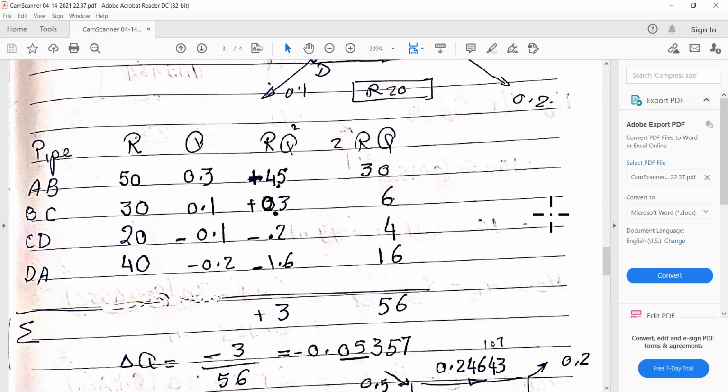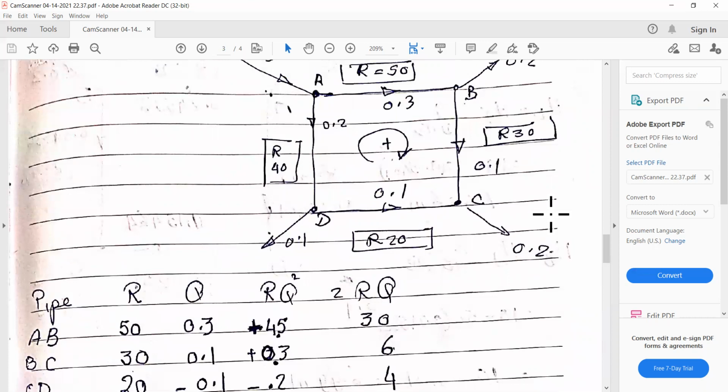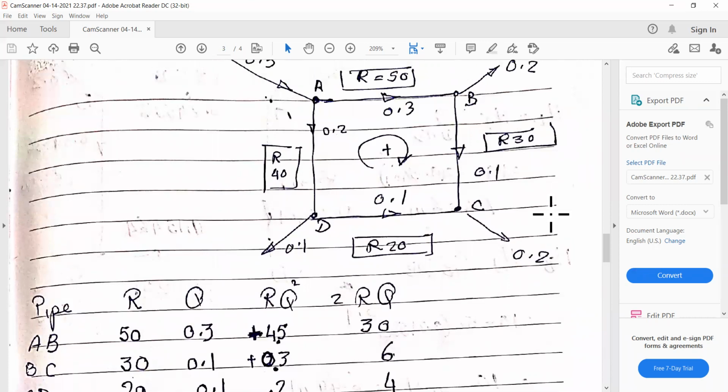For AB, we take clockwise to be positive and counterclockwise to be negative. So with this assumption, you can see in AB, the friction here is positive. BC also is positive. CD will be negative, and the DA will also be negative.